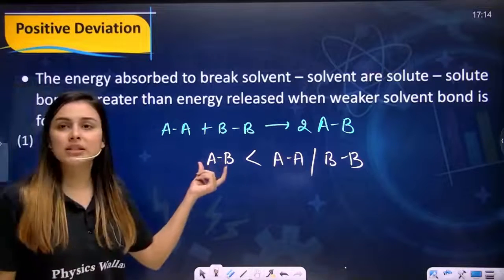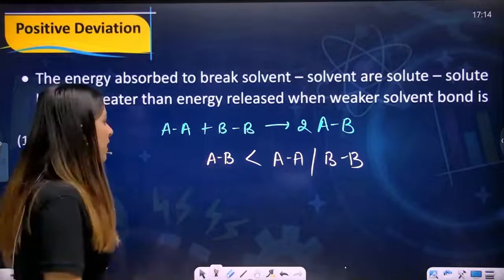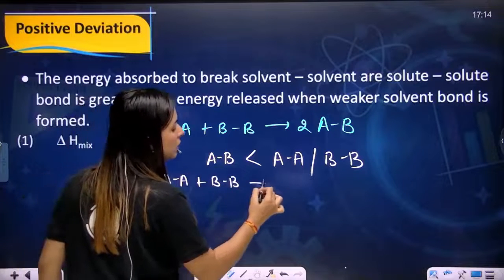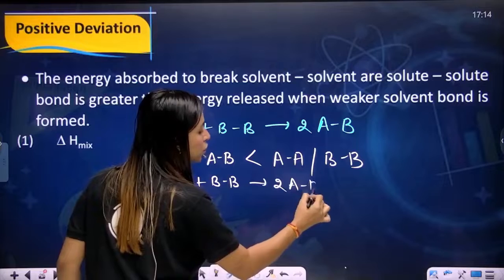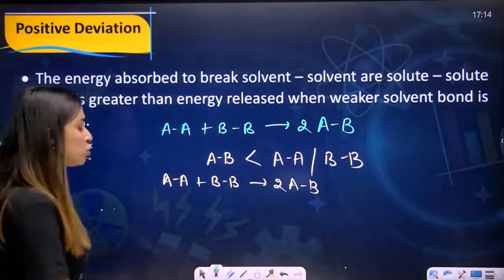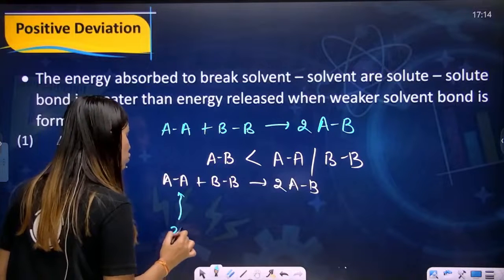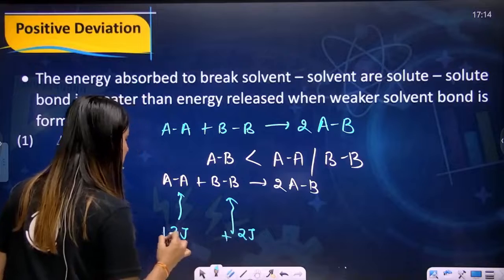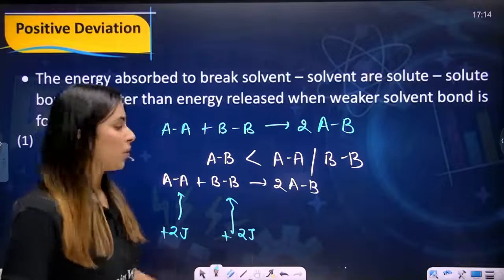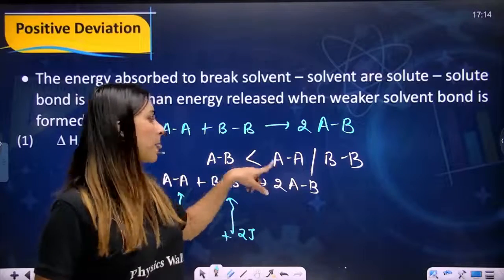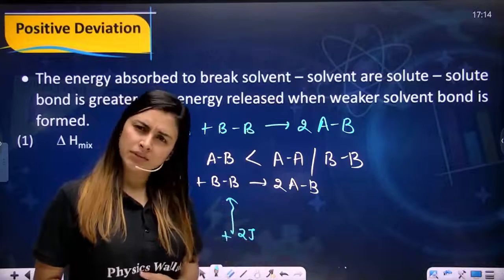If the interactions after mixing are weaker, now imagine you have AA, you have BB, and it is giving you AB interactions. You know that you need to give energy to break the bonds. So let's say you gave 2 joules of energy here, you gave 2 joules of energy here. So this is plus, this is plus. Now since this interaction is weak, less energy will be released.